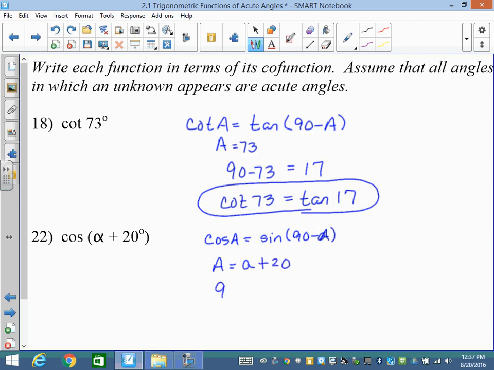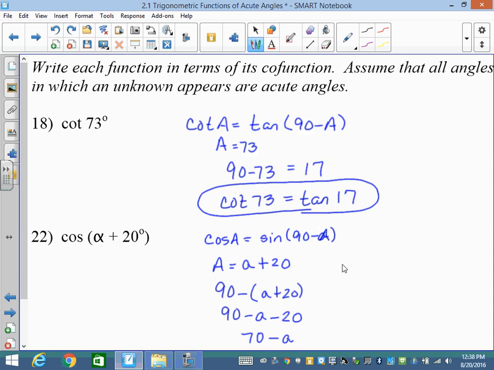So we have 90 minus the quantity alpha plus 20. Distribute your negative sign, you get 90 minus alpha minus 20, and you get 70 minus alpha.